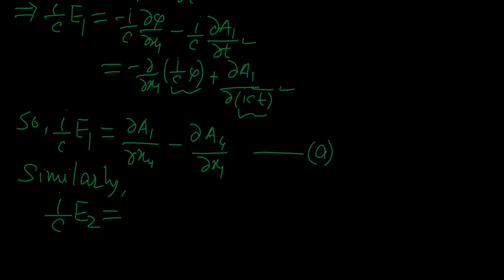When there is E1, the first component A1 is in the first term and A4 is in the second term.